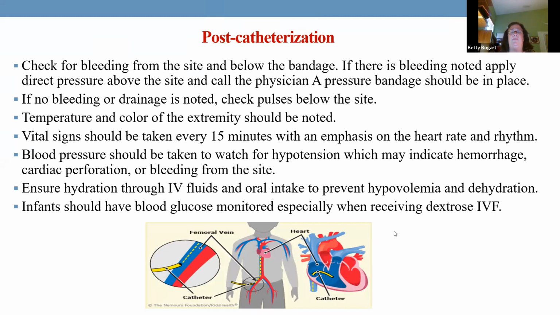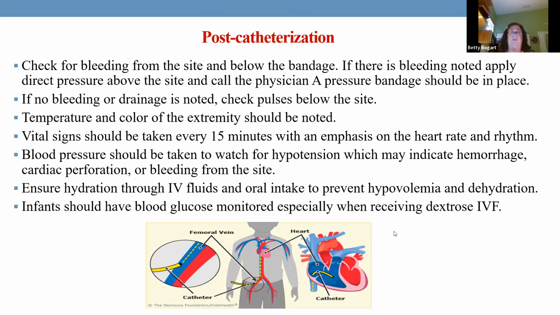So when we get this child back from cardiac catheterization, number one priority, check that pressure dressing. Should be on the right groin. And they put in 2 big catheters usually into the femoral artery and the femoral vein.